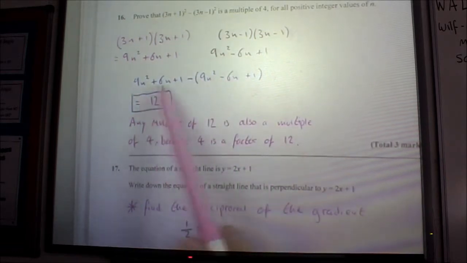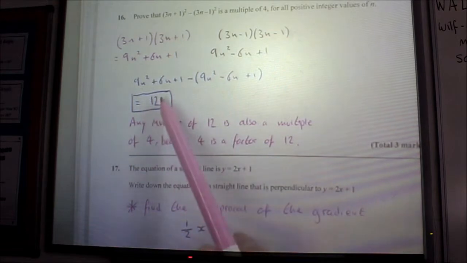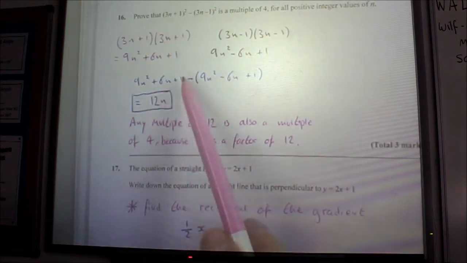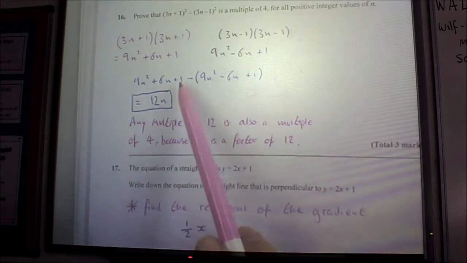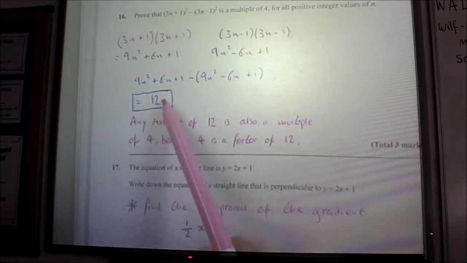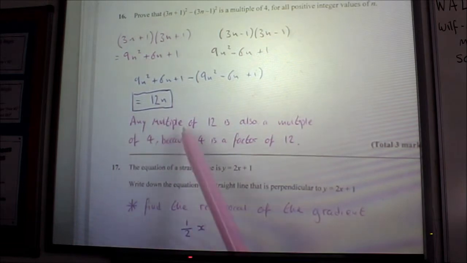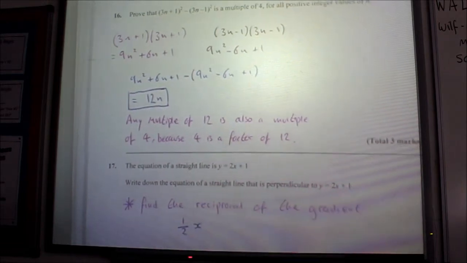So 9n squared, take away 9n squared, that goes. 6n, take away negative 6n is 12n, and 1 take away 1 is nothing, so it just simplifies to 12n. So any multiple of 12 is also a multiple of 4, because 4 is a factor of 12. And there's your answer for 3 marks.